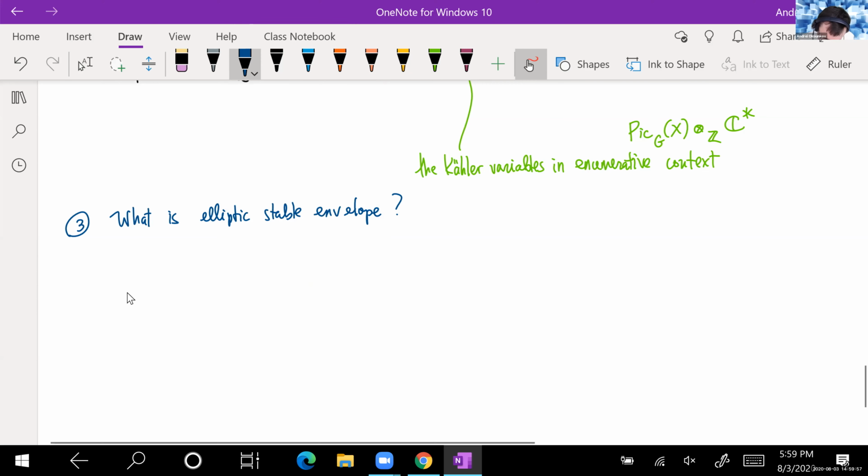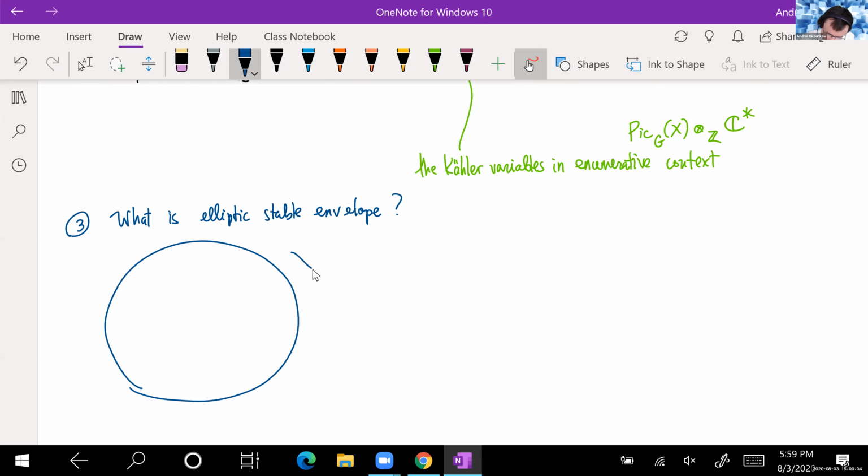Certainly, if you look at my first installment of this course, there's some X, and then there's a fixed locus for the action of some torus, and this fixed locus has some attracting directions and some repelling directions.